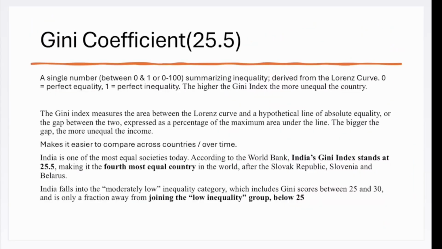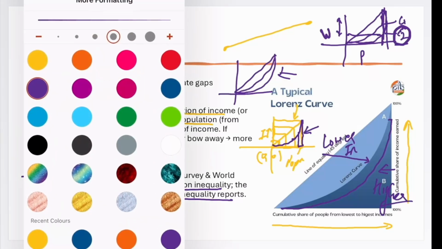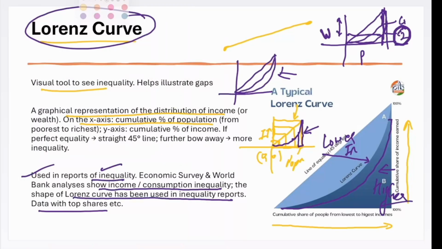Now let us understand another important concept linked to the Lorenz curve, and this is called the Gini coefficient. The Gini coefficient is nothing but the area between the line of equality and the Lorenz curve. Is this the area? No, this is not the area.